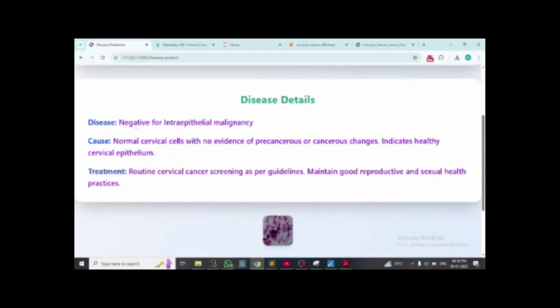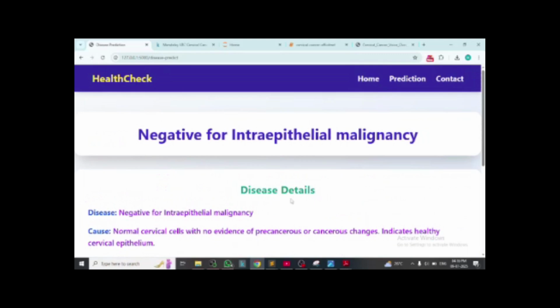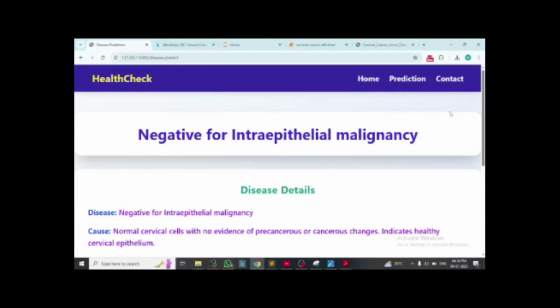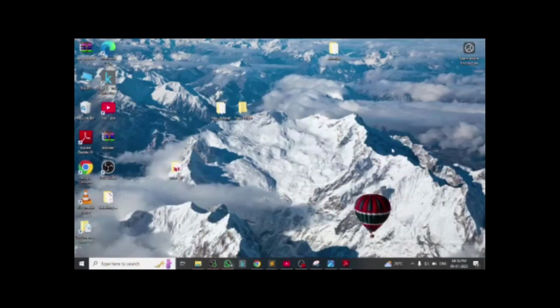Disease detail and cause: normal cervical cells with no evidence of cancerous changes, indicates healthy cervical epithelium. Treatment: routine cervical cancer screening as per guidelines. Maintain good reproductive and sexual health practices. See how I built the application for this model. So let's start the topic.